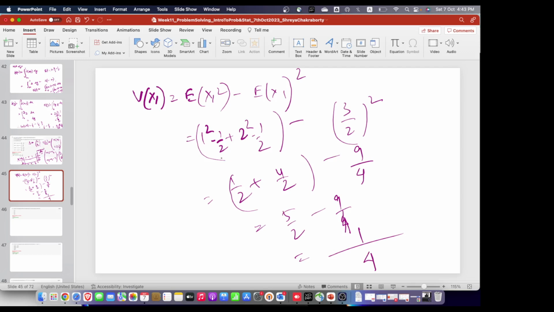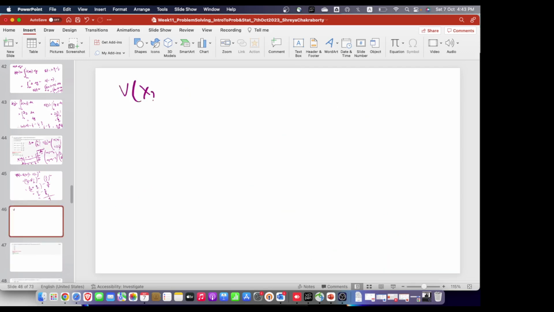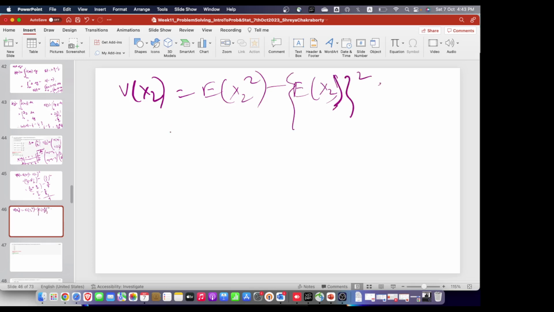Variance of x1 is 1 by 4, and similarly variance of x2 is how much? Expectation of x2 square minus expectation of x2 whole square.